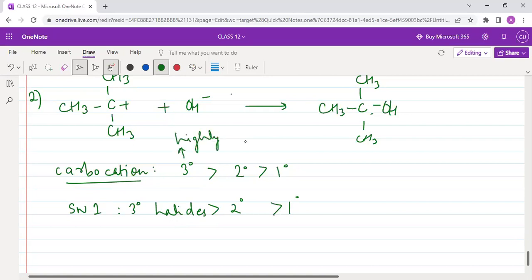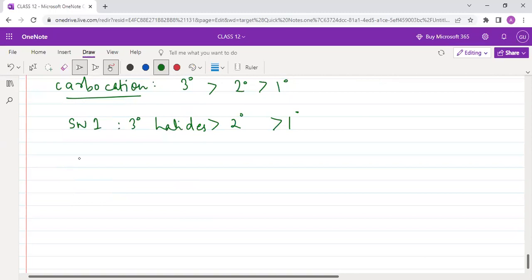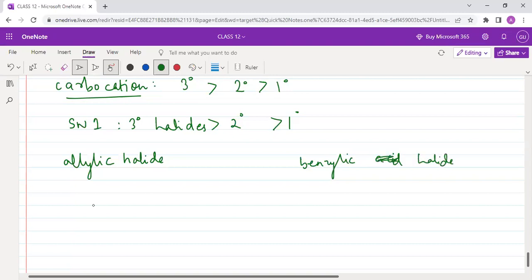Okay, ma'am. So this was about the SN1 reaction. Now you have to remember allylic halide and benzylic halide. You remember these two we discussed in the starting? In allylic halide, it was like this: CH2=CH-CH2-Cl.